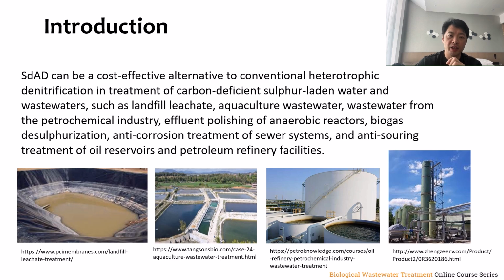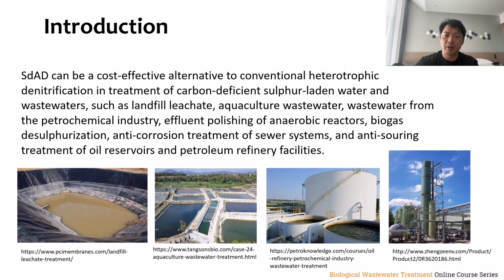Sulfur-driven autotrophic denitrification is a cost-effective, innovative technology for handling carbon-deficient, sulfur-laden wastewater across various industries. For example, landfill leachate often contains a high level of sulfur and a low level of biodegradable organic carbon. Sulfur denitrification can efficiently reduce nitrogen content, making the process more straightforward and cost-effective.